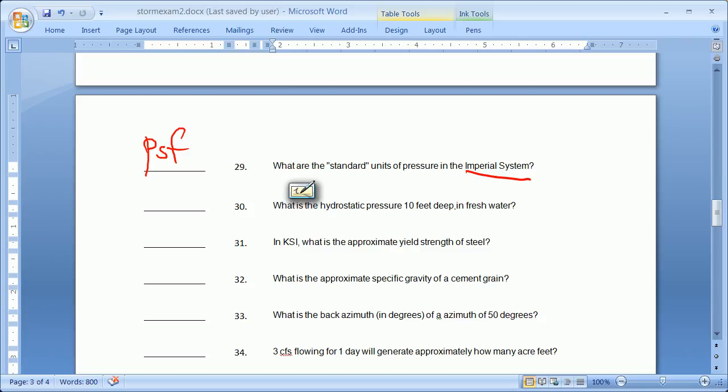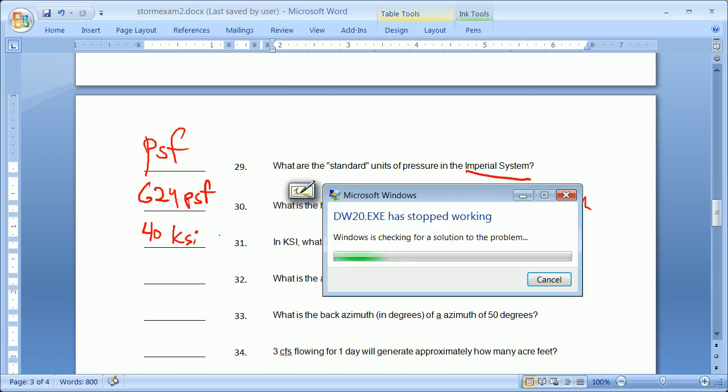Hydrostatic pressure 10 feet deep in water is gamma times depth. So 624 pounds per square foot when water is not moving. The yield strength of steel is 40 KSI. The stiffness is actually something else.